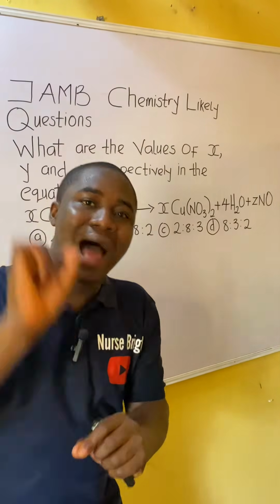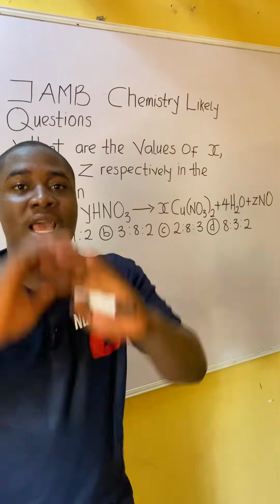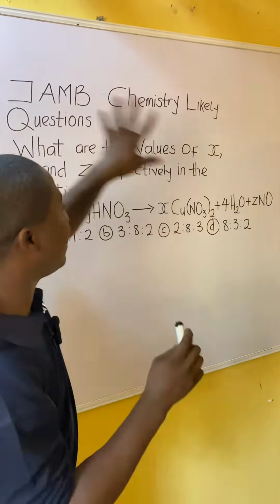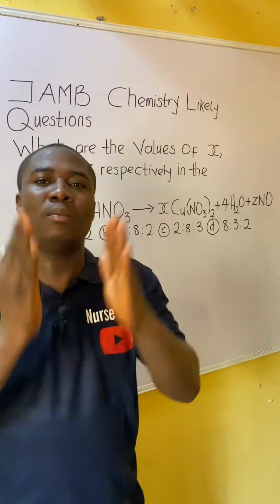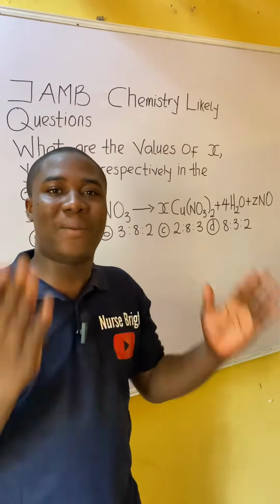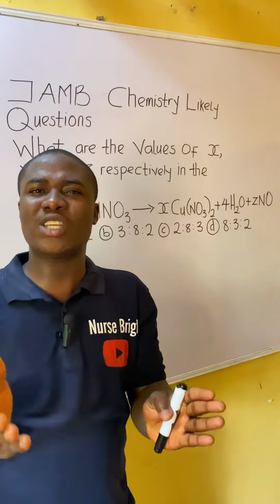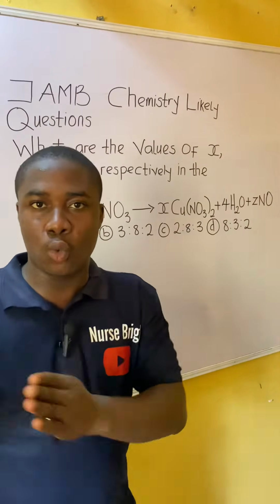Are you there? Those numbers are what they want us to determine. So we can now agree that this question is on balancing chemical reactions or balancing chemical equations. So the question we ask ourselves is, how do we do this?